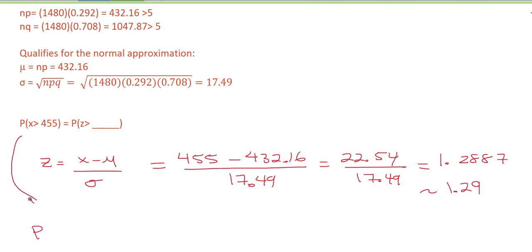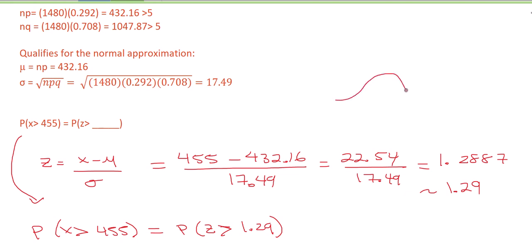So we want the probability that x is greater than 455, which is the same thing as saying the probability that z is greater than 1.29. But the z-tables give us the probability to the left of the z-value, so less than.